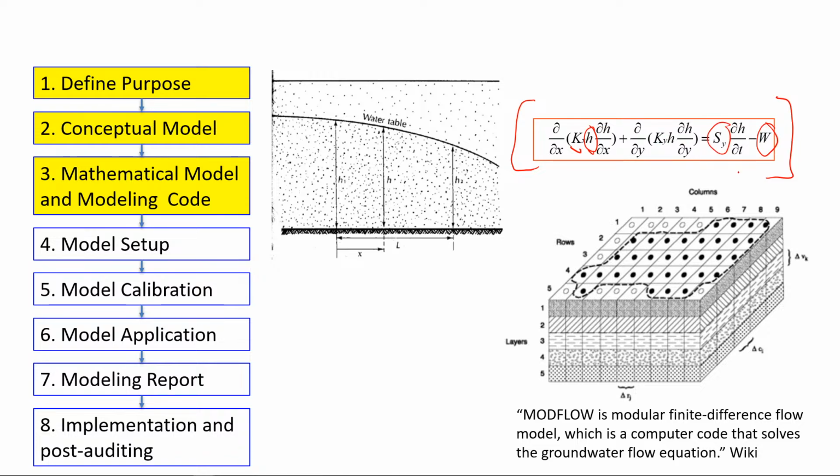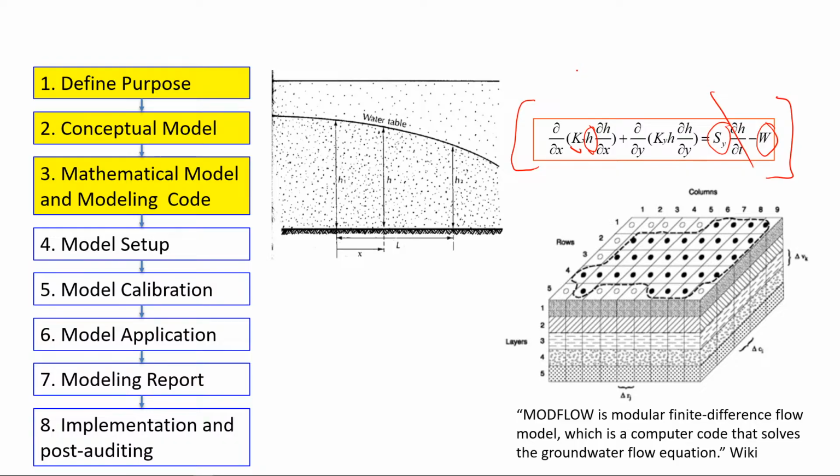For our case it's a steady state, so that term would be all zero. We don't need this one, but we need the recharge, W. But recharge we're getting here. So we need to find someone that can solve this for us. We know that this has no analytical solution, so this mathematical model needs to be solved numerically.